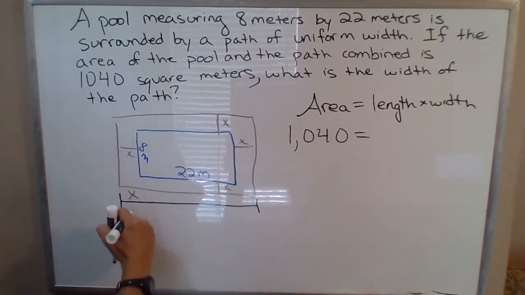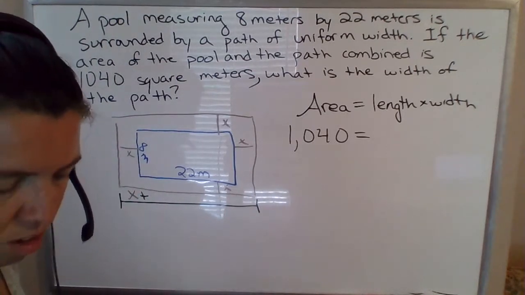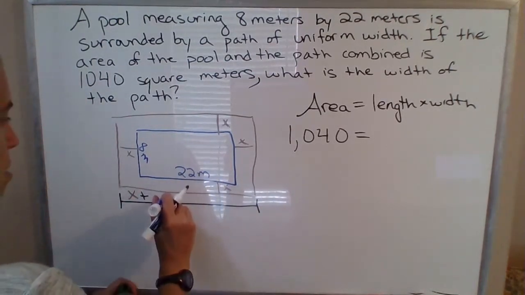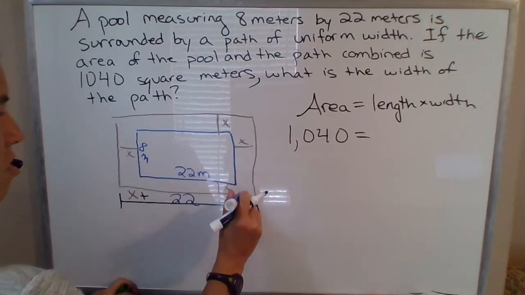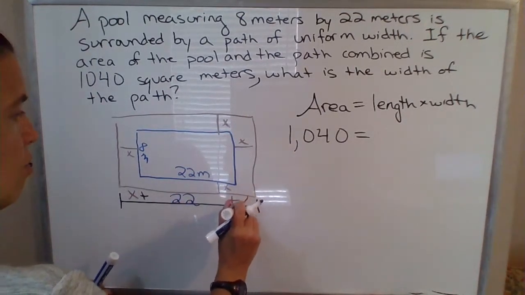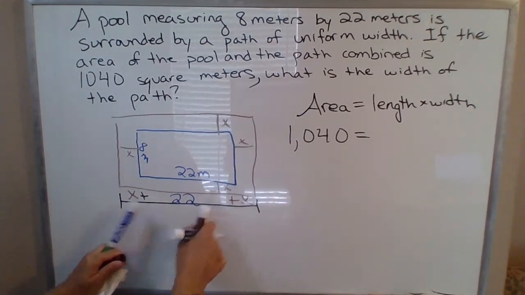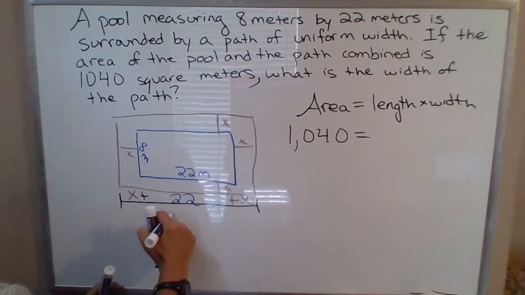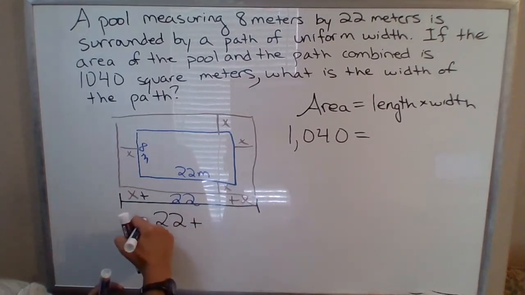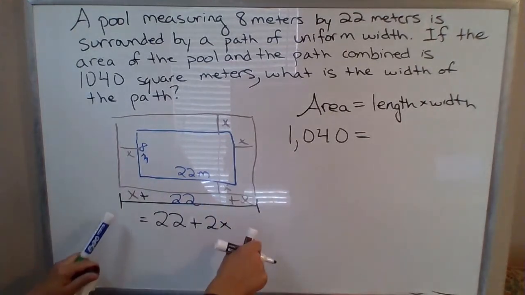And initially, x meters for the path, plus 22 meters for the pool here in the middle, and then some more path on the right side. So plus another x for the width of the path on the right, right? We're going to take 22 and add x to it twice. So 22 plus 2x would be the total length across this.